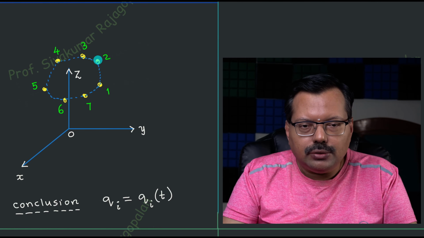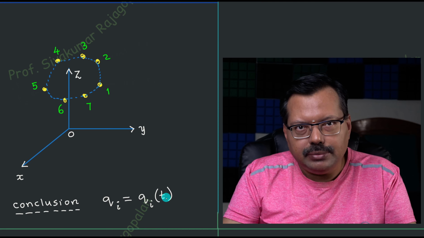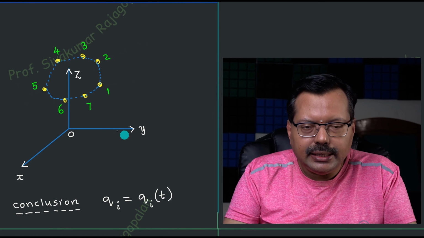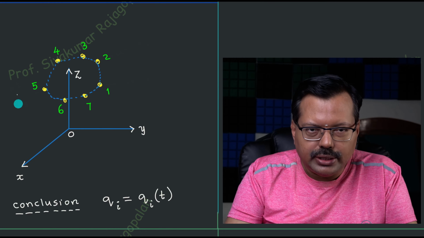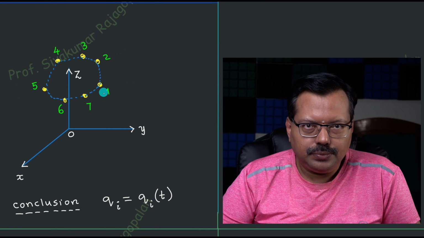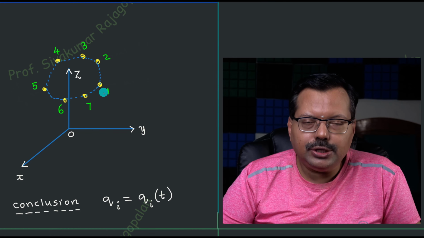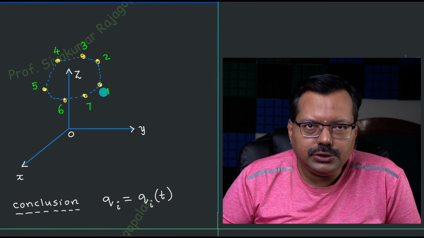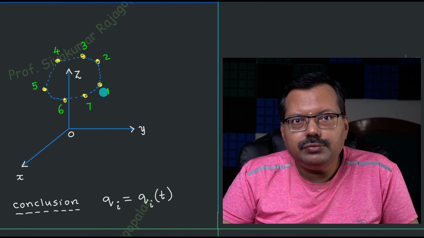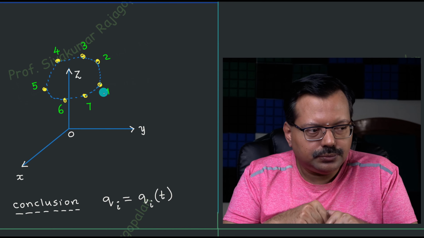So therefore, configuration will be a function of time here. What you understand from here is that the diagram that we have shown here does not contain the information about the time. So it has some negative points, I mean disadvantage. The disadvantage of this configuration space is that the information about the time is missing.